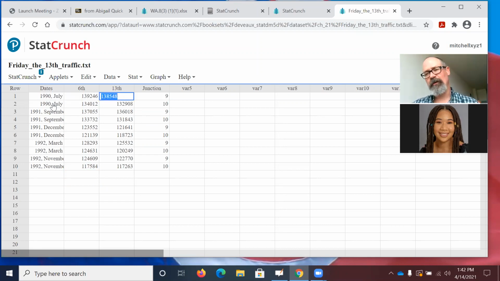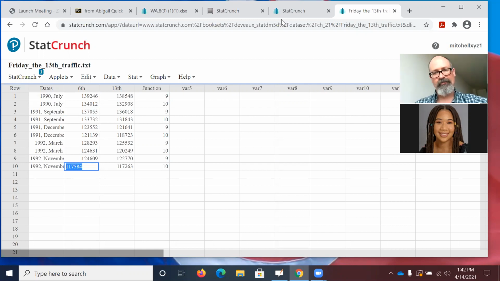And you're looking at the pairwise difference. So if you compare the 6th and the 13th in 1990 in July at junction 9, if you subtract the 13th from the 6th, you get something on the order of about 700 cars. And you're doing the same thing for each of these.